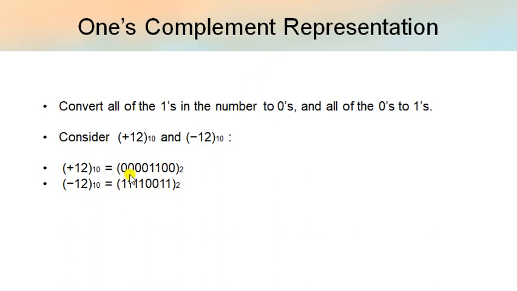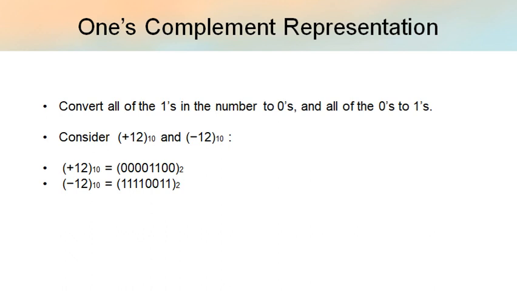So we invert all the bits, converting every 0 into 1 and every 1 into 0, to form the 1's complement representation. So we get 11110011 as the negative of the original number. This method is known as the 1's complement representation.